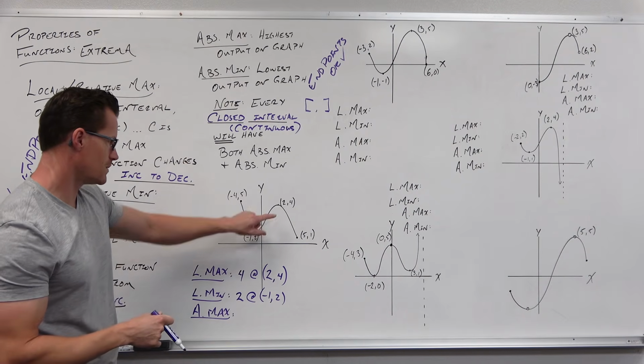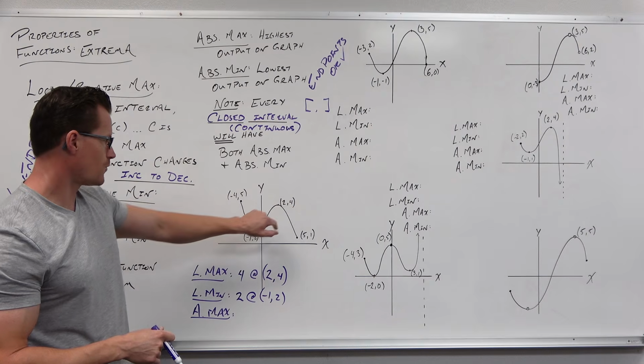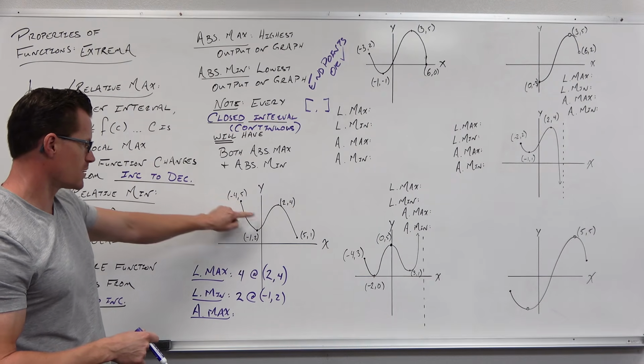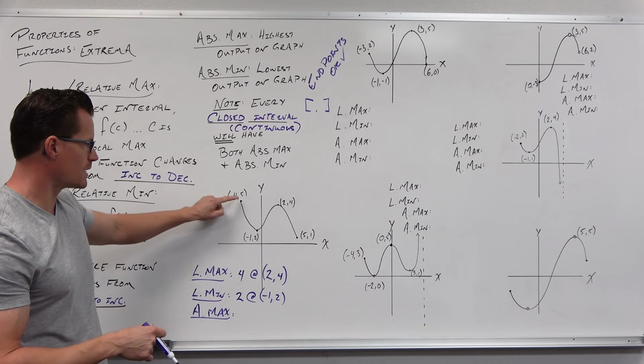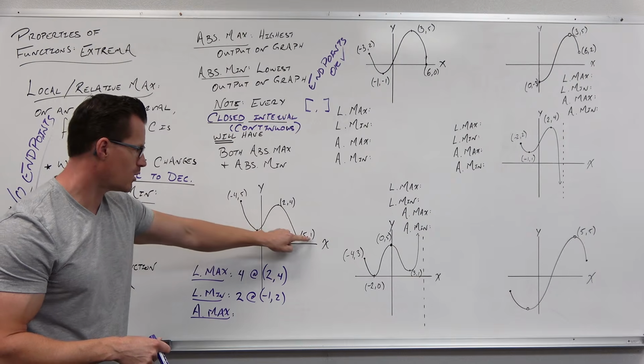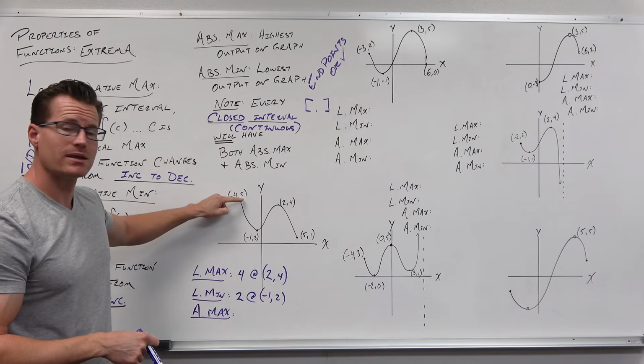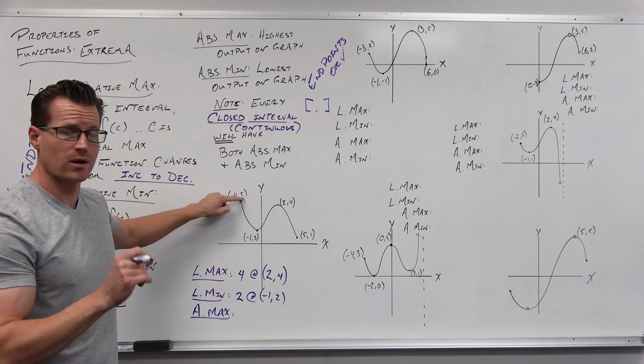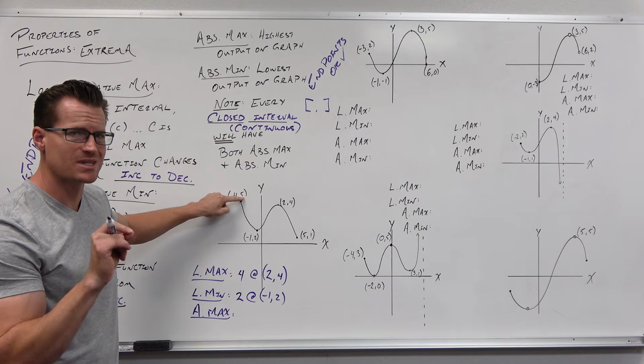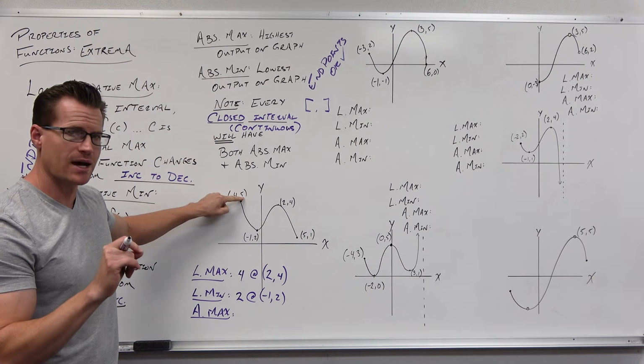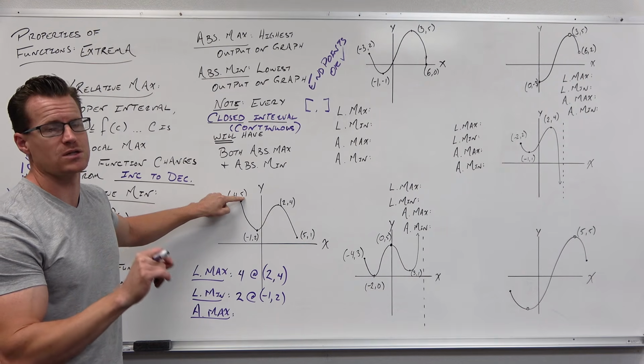Is this endpoint the highest value? So I'm looking at output, output, output. Oh, that's the highest output. That right there says that this endpoint is where my absolute maximum occurs. I'm being very specific on my wording here. The absolute maximum is 5. Where it occurs is (-4, 5).